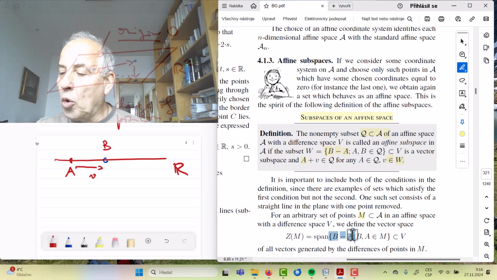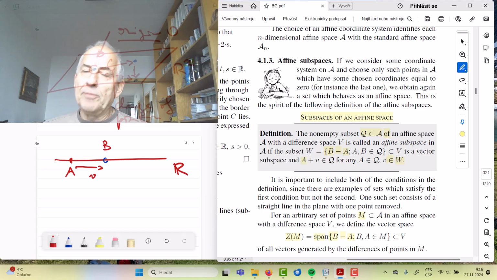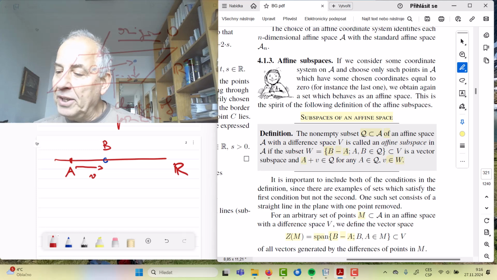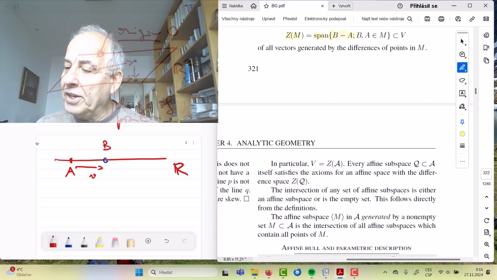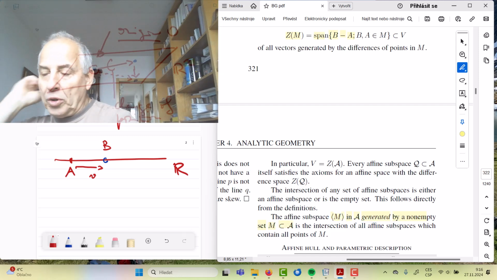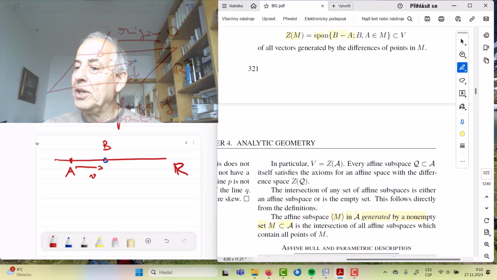We can take all the differences between the points in M. We take the linear span of them, and that's what we call the difference space of the subspace generated by M, because then we can very easily define the subspace by taking one of the points of the M and add all the vectors from this computed difference space.